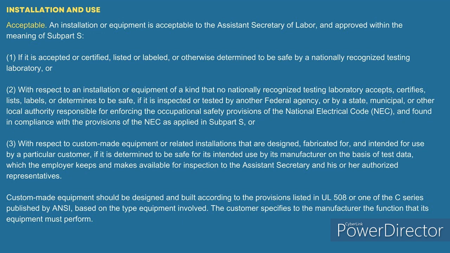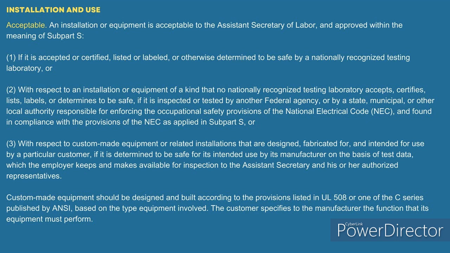They tell you what is considered approved within the meaning of subpart S of OSHA 1910. It says if it is accepted or certified, listed or labeled, or otherwise determined to be safe by a nationally recognized testing laboratory, all the things I've been talking about up to this point. So if I have a piece of equipment outside and they tell you no GFCI protection, guess what? It's been listed and labeled, and in OSHA's eyes that is a listed and labeled piece of equipment.